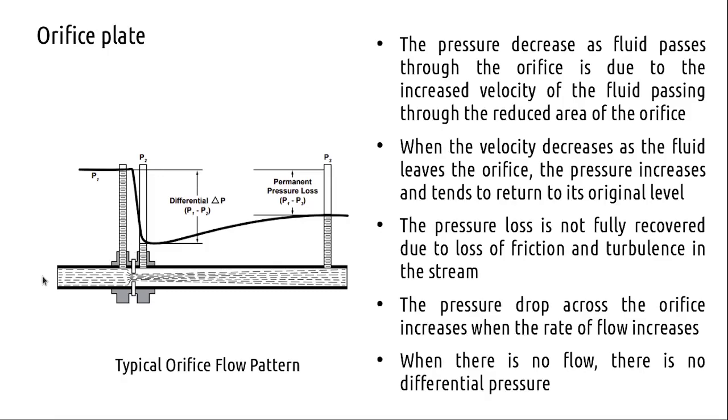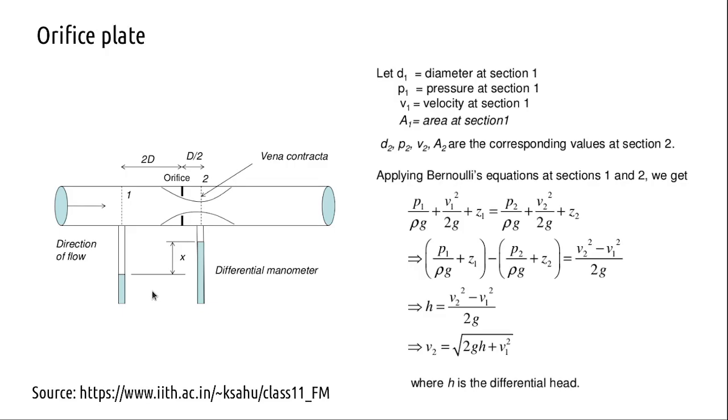When your flow increases, the pressure drop also increases. And when there is no flow, there is no differential pressure. If it is stagnant, there is no differential pressure. That's also a fact. So that brings us to the derivation.